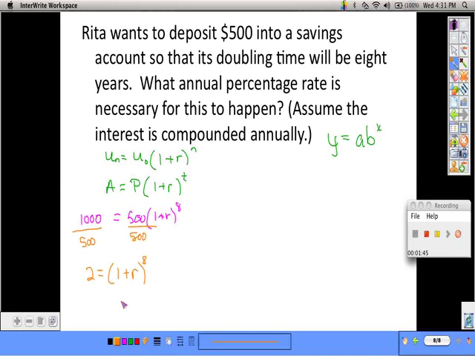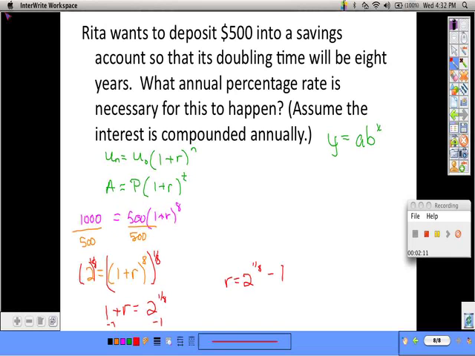Now the power is alone, so I'm going to raise it to the reciprocal power, 1/8. I'm left with 1 plus r equals 2 to the 1/8. Subtract 1 from both sides. r is equal to 2 to the 1/8 minus 1.